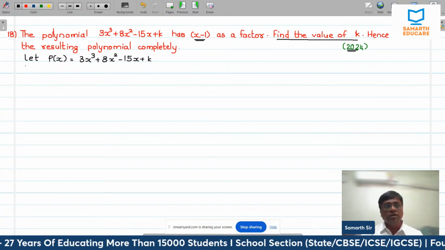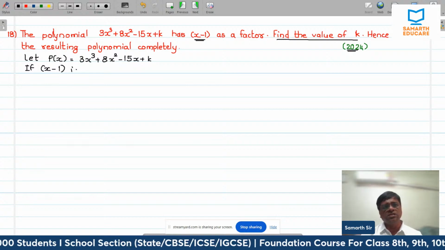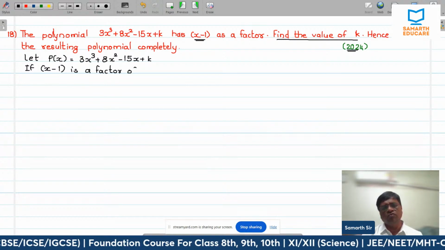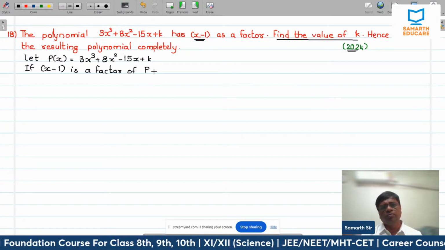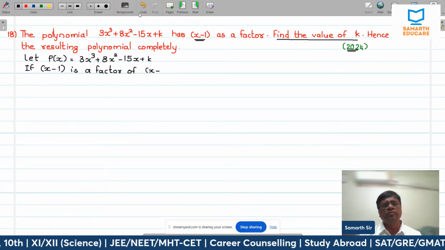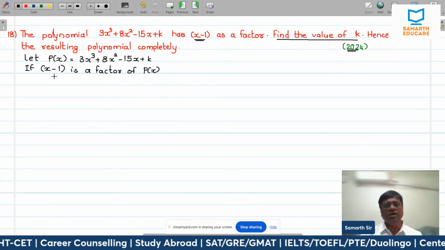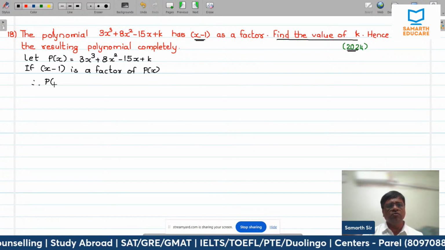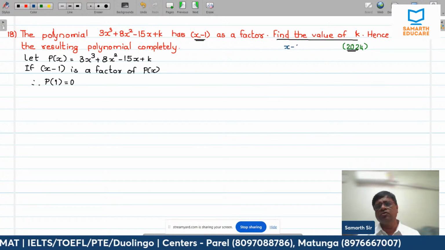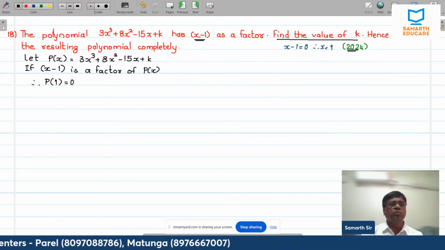So, they are saying that x minus 1 is a factor of p of x, right? That means we know that if it is a factor, then p of 1 is 0.